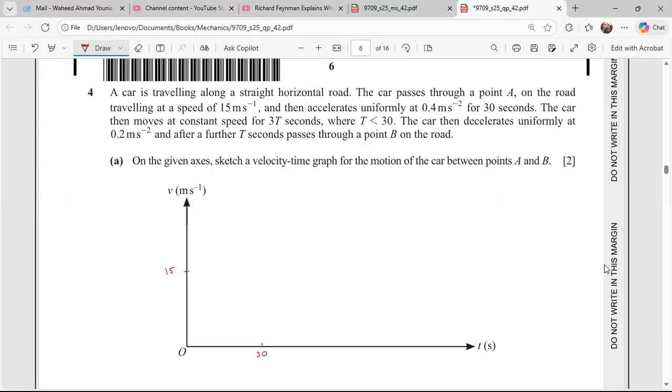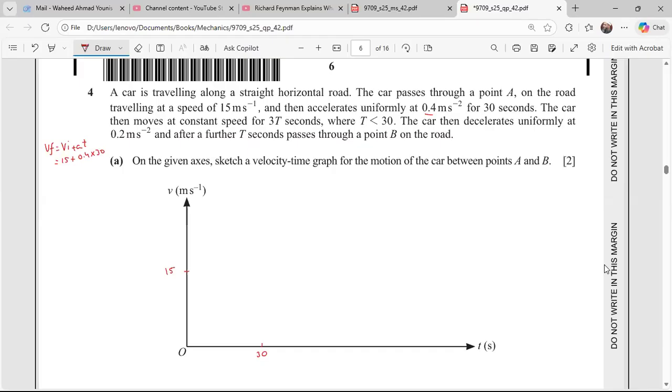So what will be its speed? We know that Vf equals Vi plus At. So its initial speed is 15 meter per second. Its acceleration is given as 0.4 meter per second square, and it accelerates for 30 seconds, right?